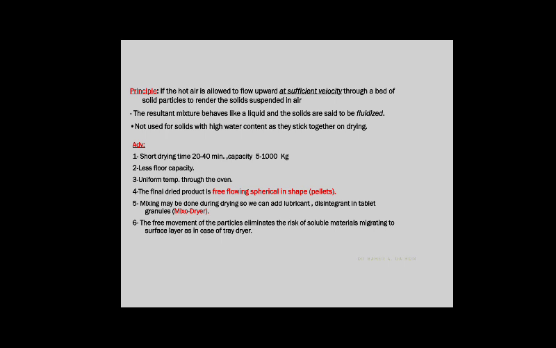Advantage: short drying time, less floor capacity, uniform temperature through the oven. The final dried product is free flowing, spherical in shape, like pellets. Mixing may be done during drying. The free movement of particles eliminates the risk of soluble material migrating to the surface as mottling. We talked about this previously. It can be used in mixing, drying, granulation, pelleting, and film coating.